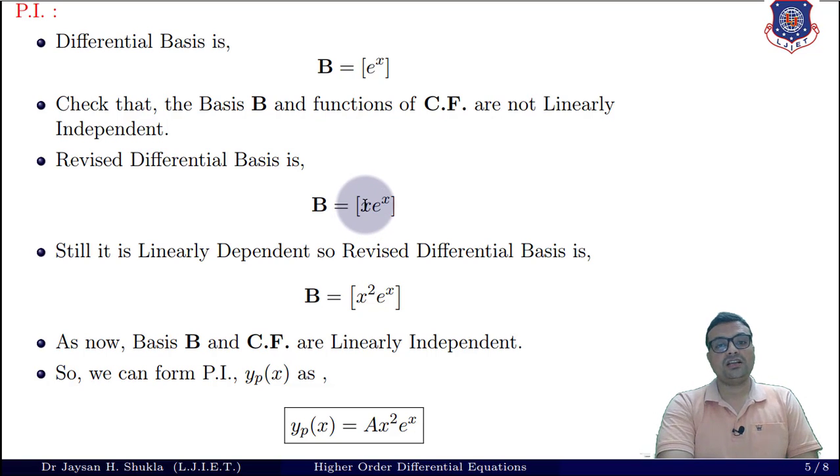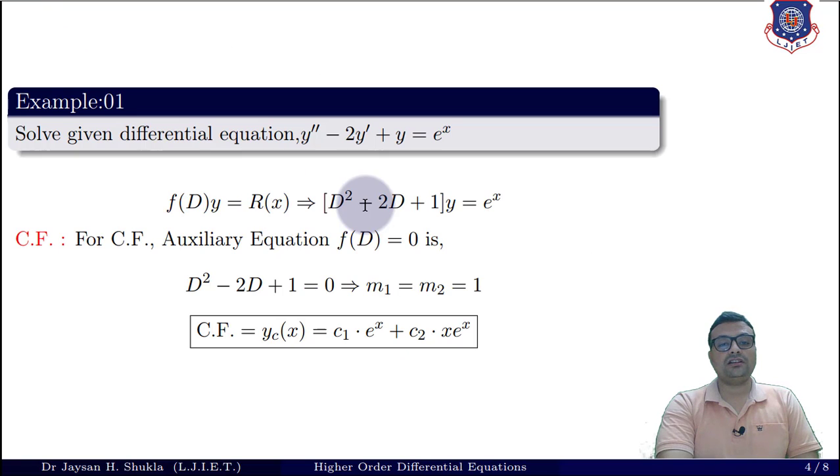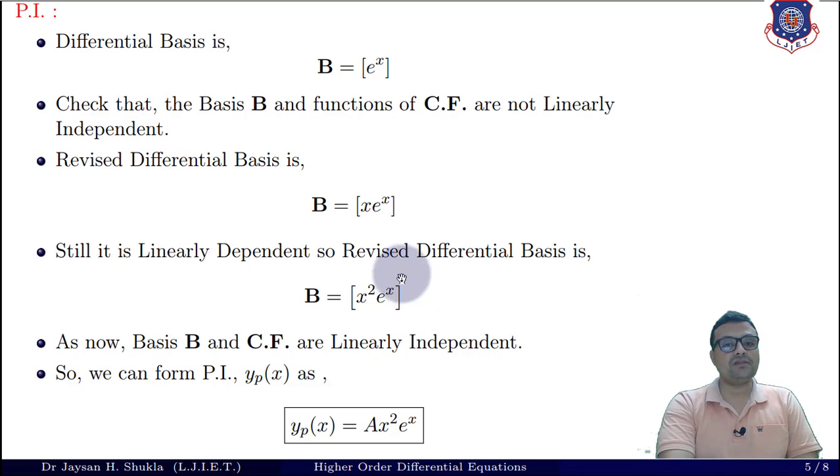Here you can see it is x e raised to x, and the dependency on e raised to x is now converted into independency, but this second part, x e raised to x, is now repeated, and therefore we need to revise our differential basis once again. So again I am multiplying it by x. So it is x square e raised to x. Now this is the last basis which we obtain.